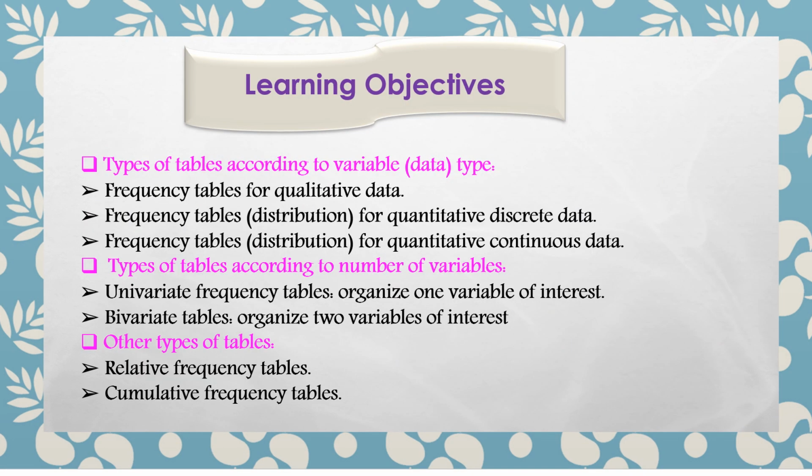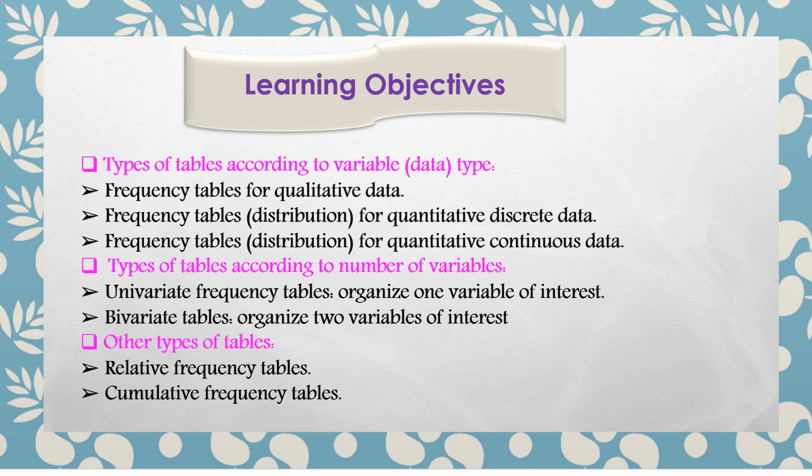Let's continue our learning objectives. In section 3, we already defined the types of frequency tables that we hope to learn in this chapter. And we said that there are many types of frequency tables. The first type is the tables according to the variable type.